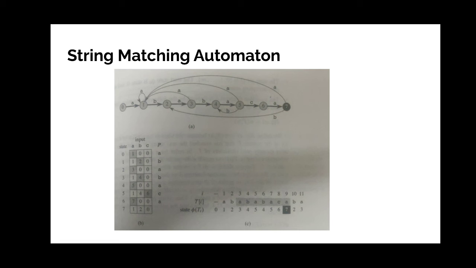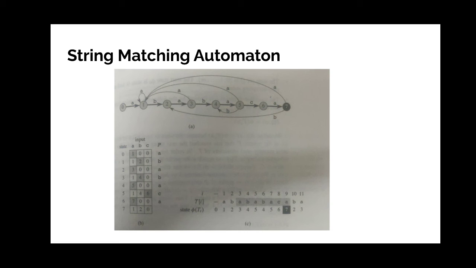The transition table is also given over here. The alphabet for this particular finite automaton is A, B, and C only. In state 0, if it reads a character A, it goes to state 1, and if it is anything else, B or C, it remains in state 0.